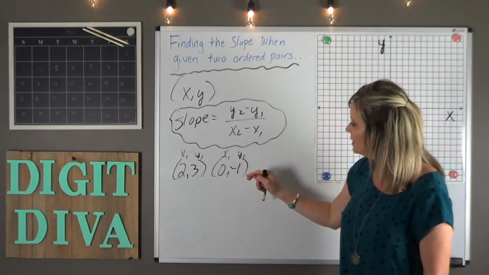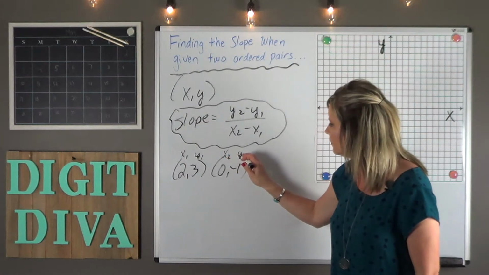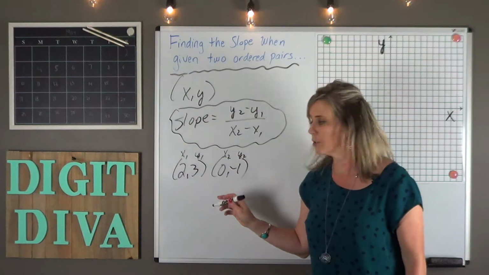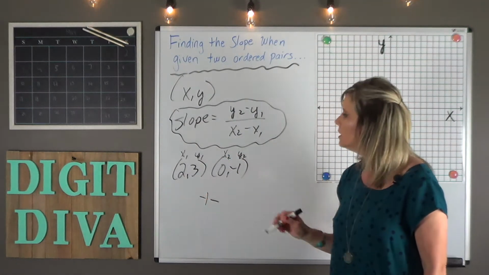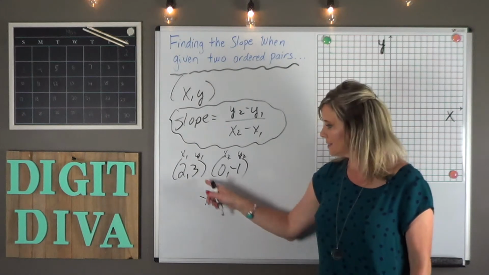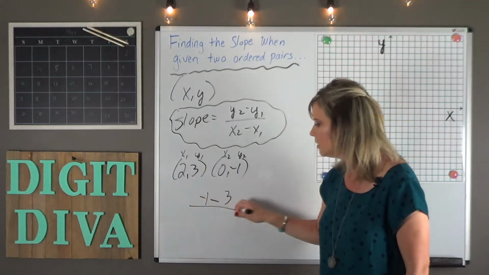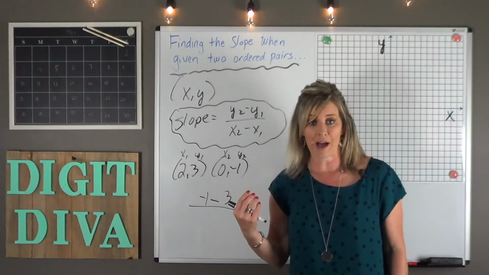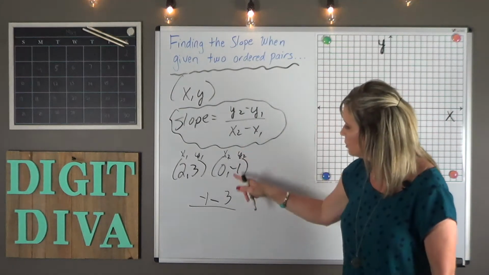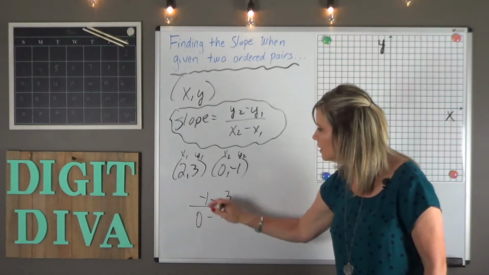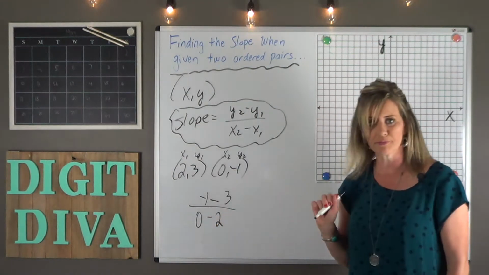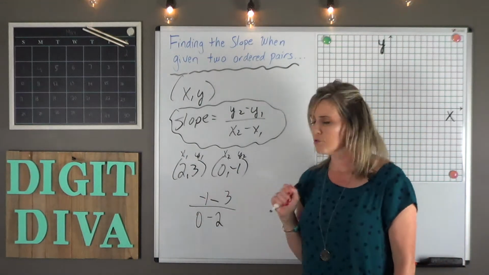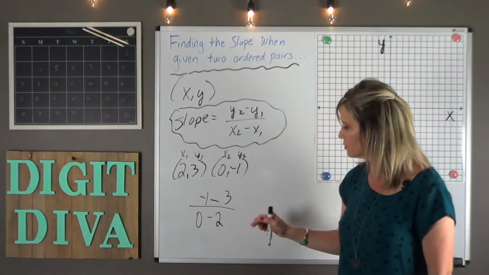So y2, let me fix that. Our second y value would be negative 1, so negative 1 minus 3. Those are our y values. x2 would be 0, x1 would be 2. So I'm going to go through and solve the problem using my integer rules.